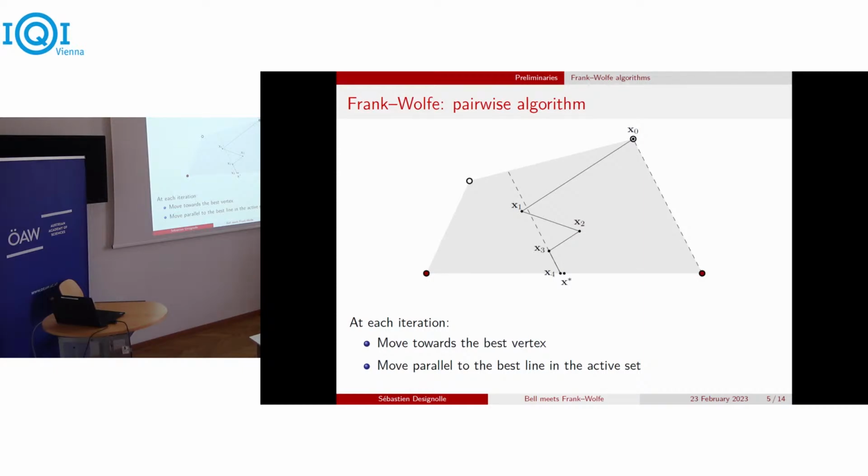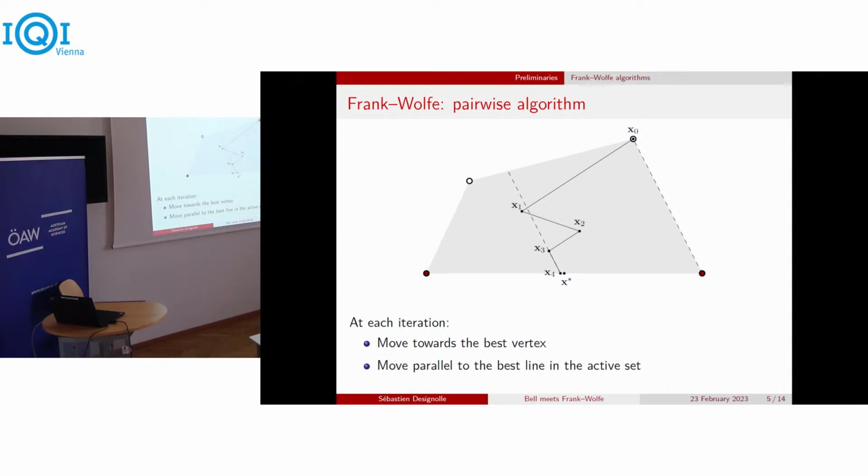Okay, so I was trying to understand: if there is a next step of the iteration, do you first check that there is no new vertex to add to your active set before you do this parallel shifting, or is there a step where you find an active set and then work just with that?